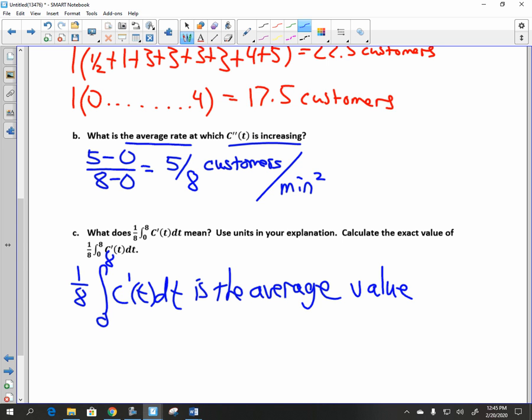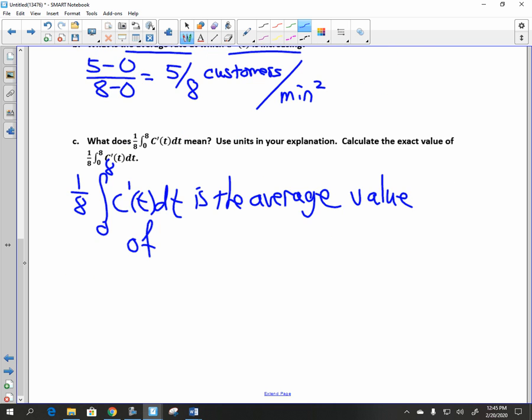Let's describe what is c prime of t. What does that mean? C prime of t is the rate, the average value of the rate, customers are being served.